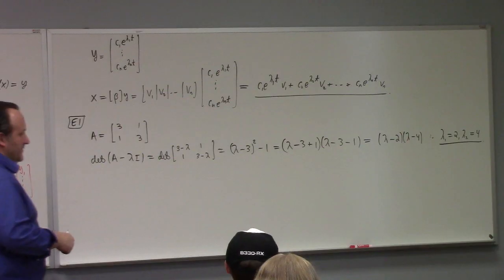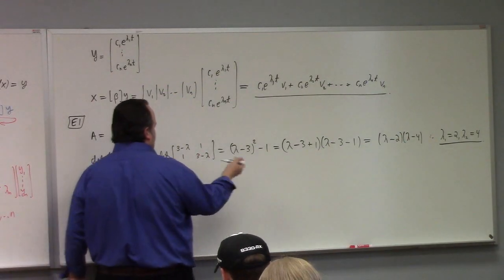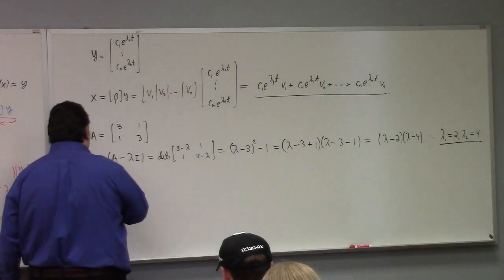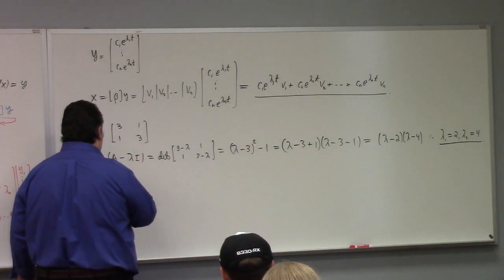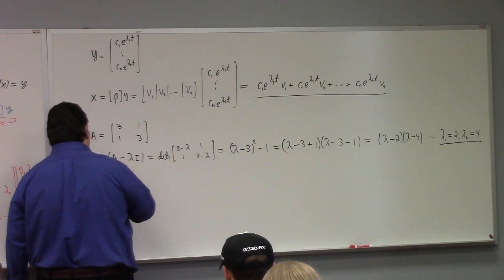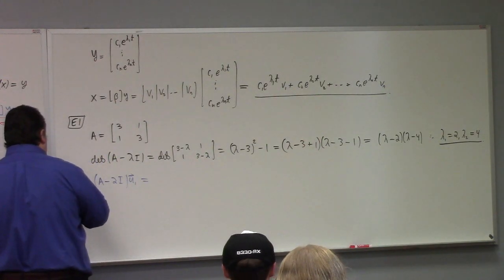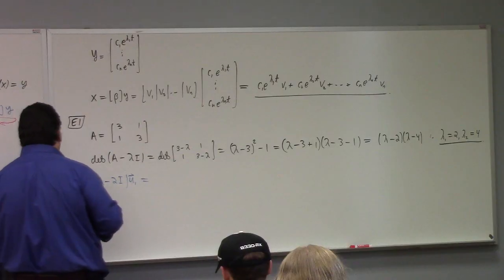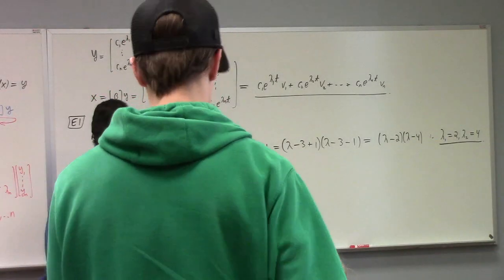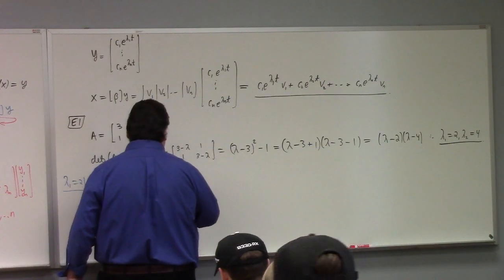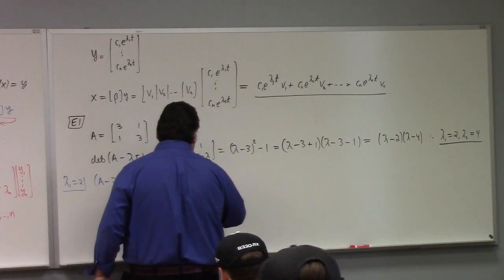So let's find the eigenvectors. If you don't mind, I'm going to do them up above. I'm talking about (A minus 2I) times u1. This is my lambda 1 equals 2 problem. So what I'm looking at then is [1, 1; 1, 1] times u1 equals 0.